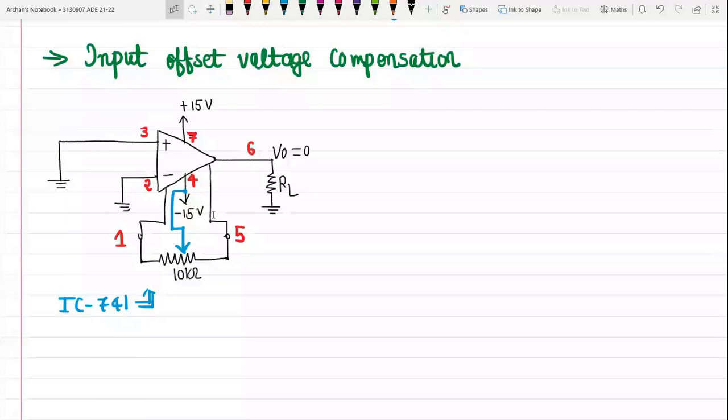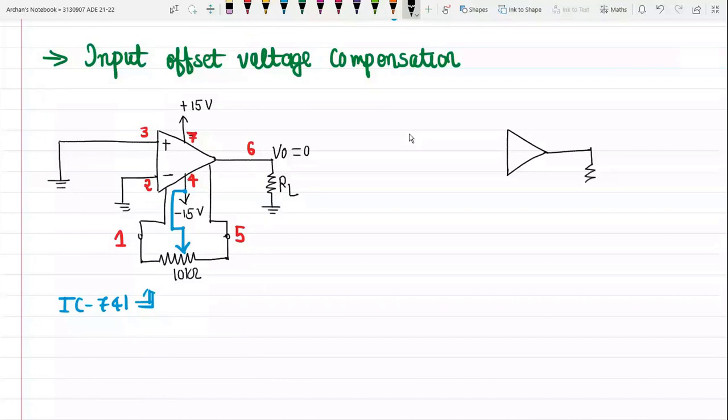So suppose we do not have the compensation pins, pin number 1 and pin number 5. In that case, we need to design a compensating network. So let us try to design a compensating network for such a case.